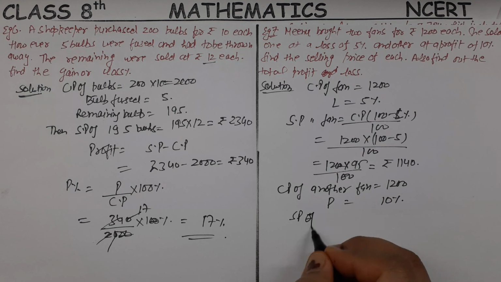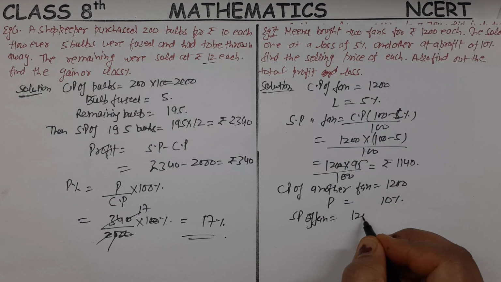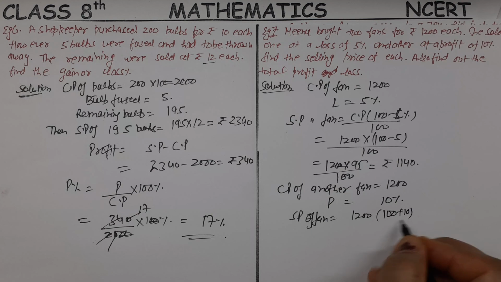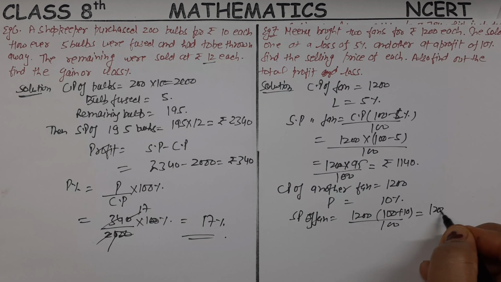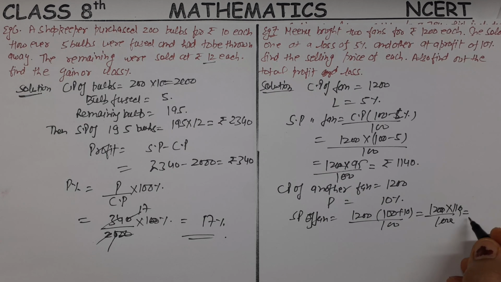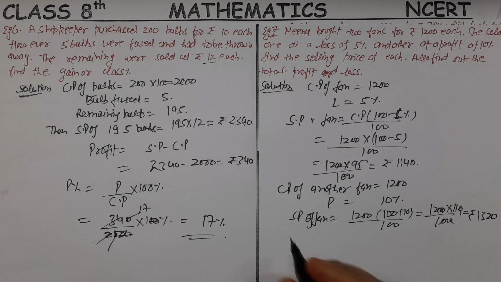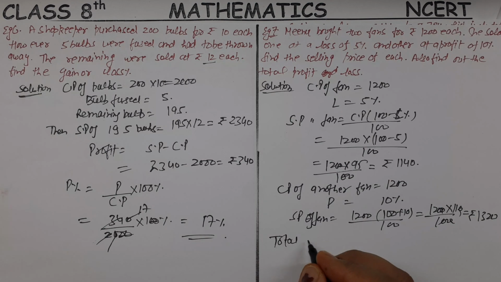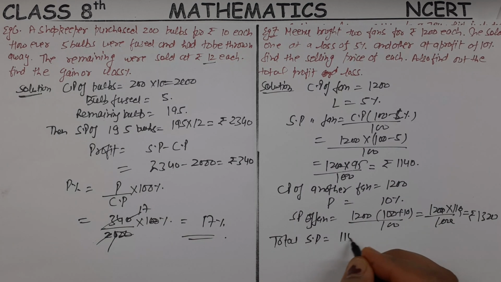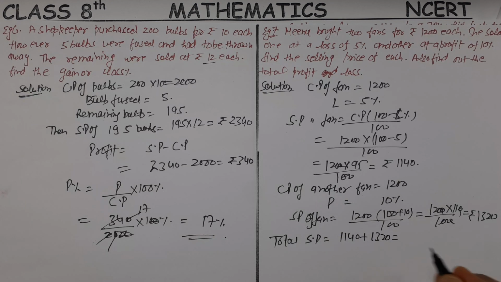SP of fan is CP into 100 plus profit percent by 100. Solving, after multiplication we have rupees 1320. Total SP is rupees 2460.